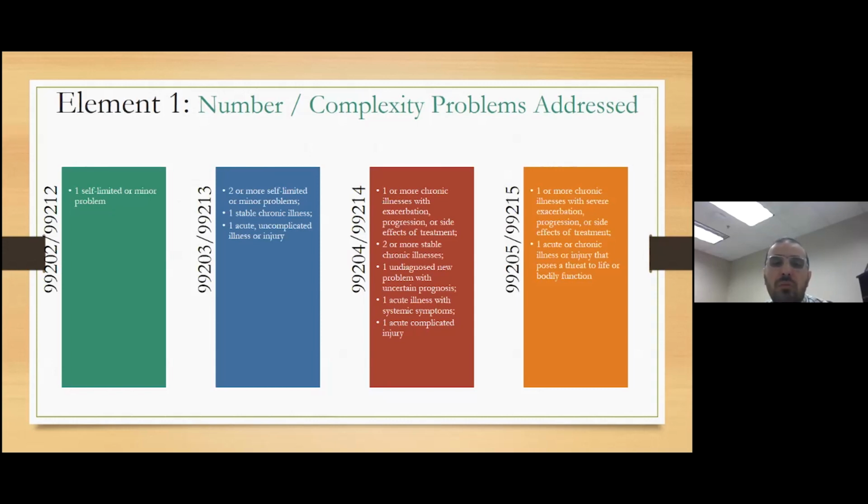For level 4, we need a chronic illness with exacerbation. So if their COPD is flaring up, or if they have diabetes and you put them on metformin and now they are having side effects with nausea, upset stomach, and you need to address that, that's level 4. One condition, COPD exacerbation, that's good, level 4.